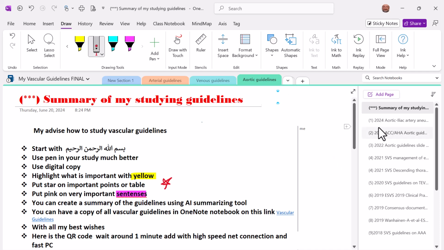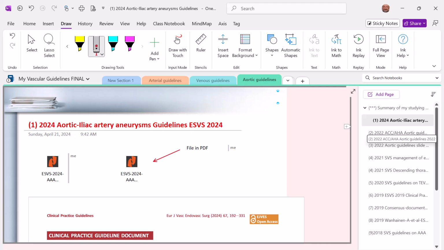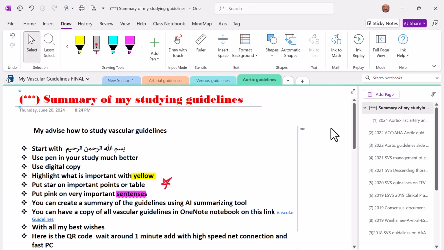So you can see here, this is the aortic guideline 2024, and this is guideline 2022, 2021, 2020, all of them aortic guidelines from American and European societies, 2019. And as you go along, it will continue to go backward. This is very important for you to know exactly how recent your guidelines are.